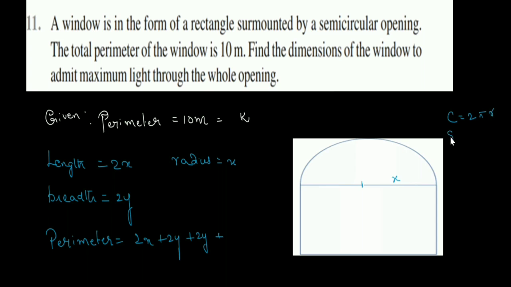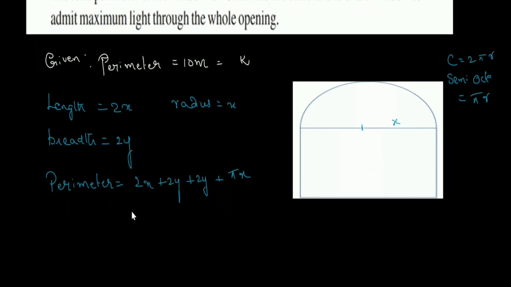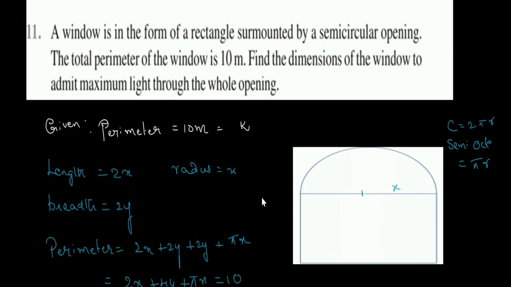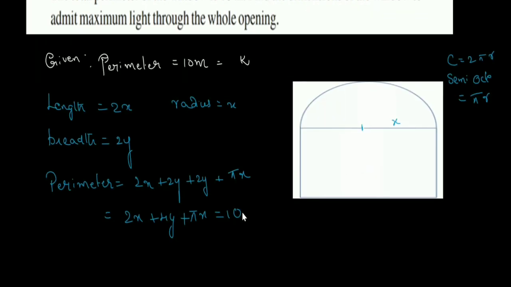So a semicircle will be 2 pi r by 2, that is pi r. We have taken r as x here, so pi x. So this perimeter is 2x plus 2y plus 2y plus pi x, that is 2x plus 4y plus pi x, which is a constant, equal to 10 meter. So it is given.